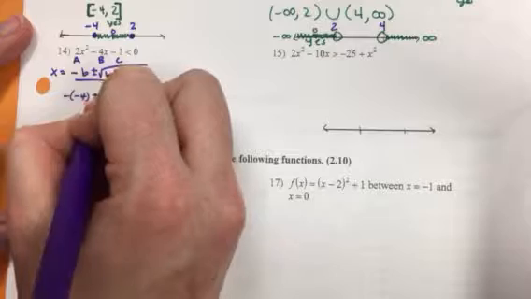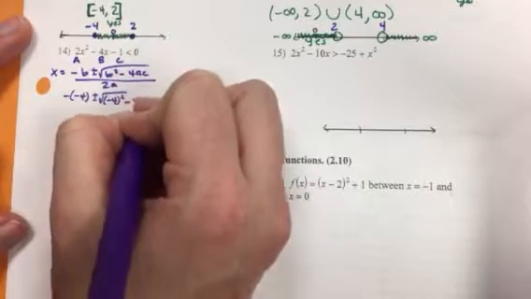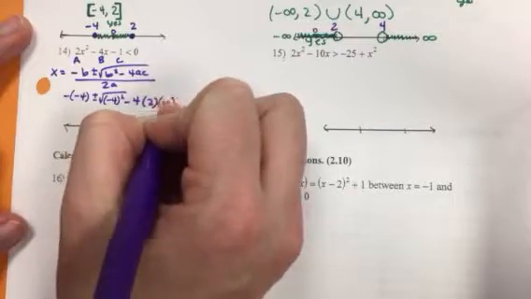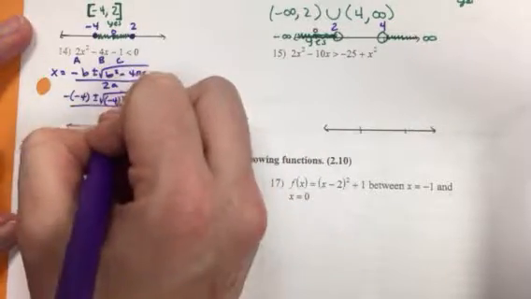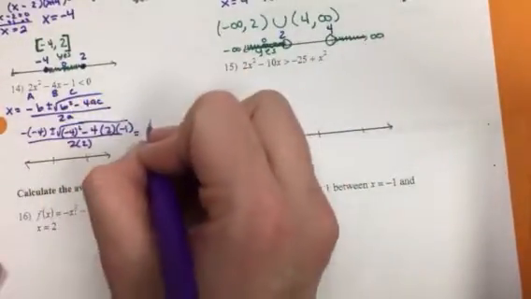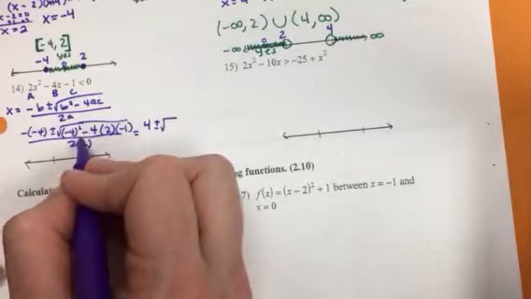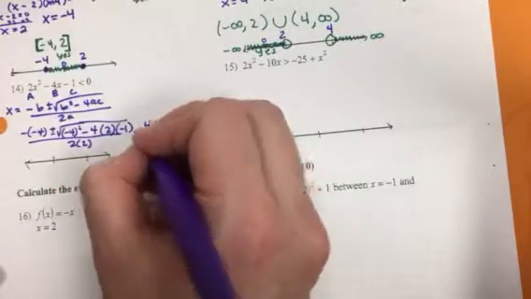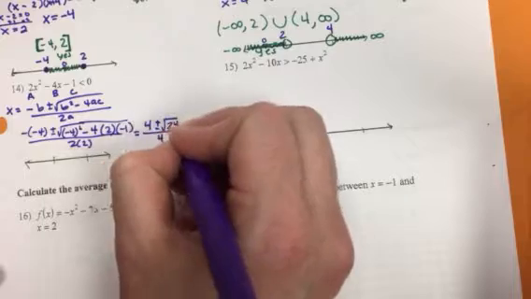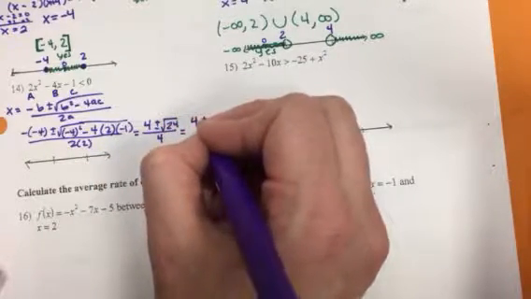Negative negative 4, plus or minus the square root of b squared minus 4ac, all over 2a. So we get two negatives make a positive 4. I simplify the inside and it becomes the square root of 24 over 4. I'm going to write the square root of 24 as a decimal for my number line.